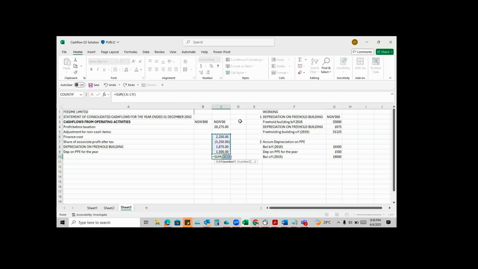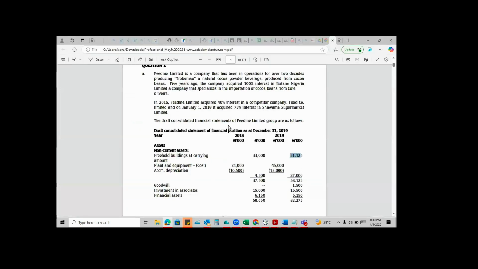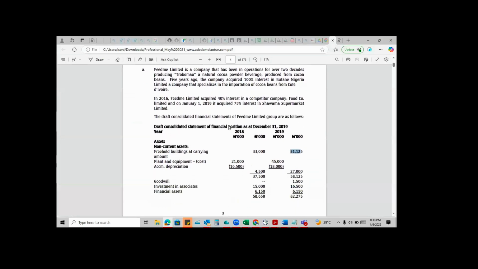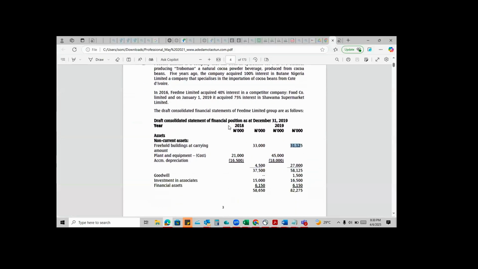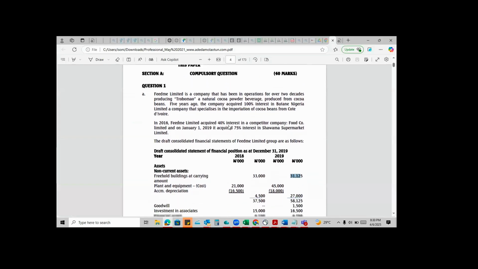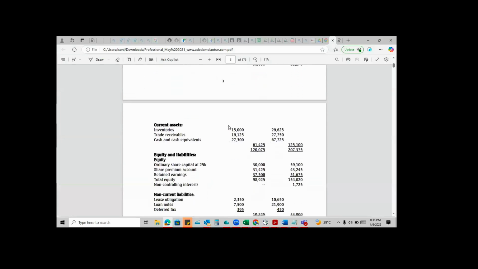Please, what of this income from financial assets? Let me see what they said about financial assets. There was no movement on our financial assets. Still held at its historical cost.